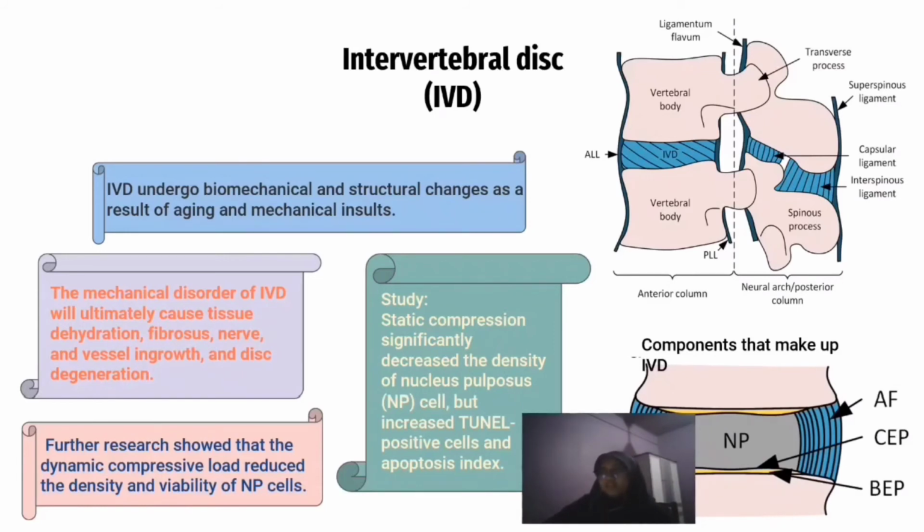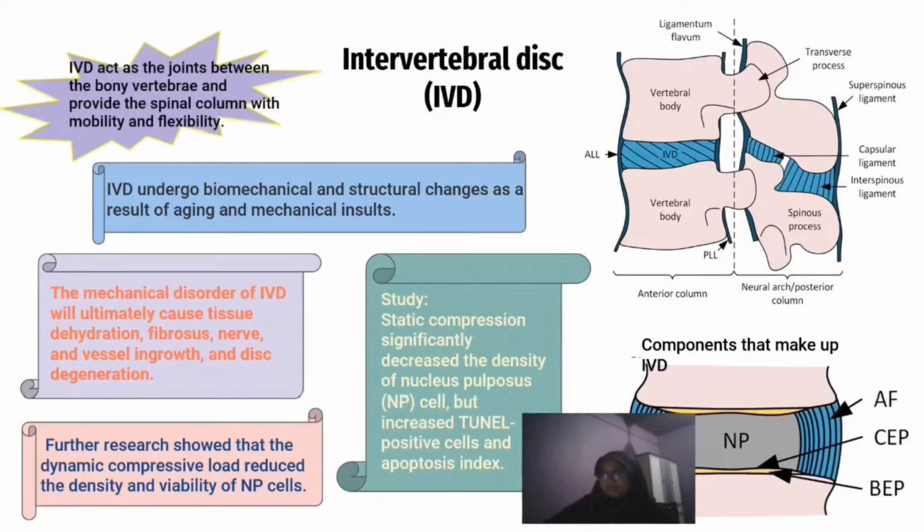Intervertebral discs undergo biomechanical and structural change as a result of aging and mechanical insults. The mechanical disorder of intervertebral discs will ultimately cause tissue dehydration, fibrosis, nerve and vessel ingrowth, and disc degeneration.